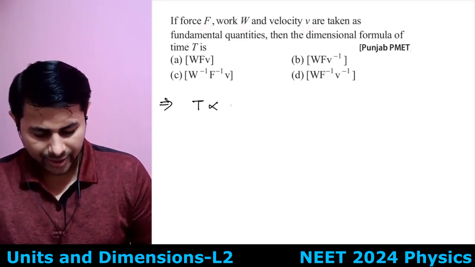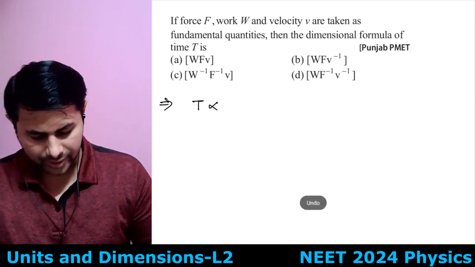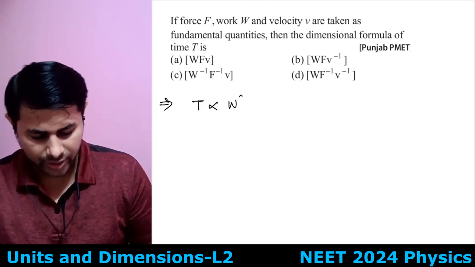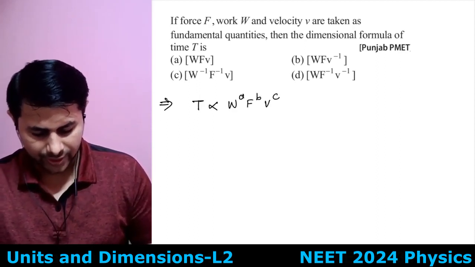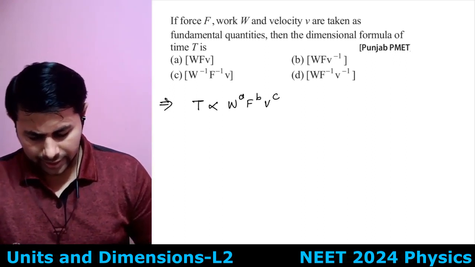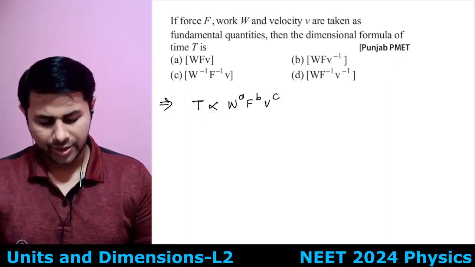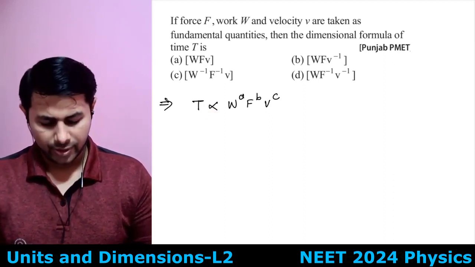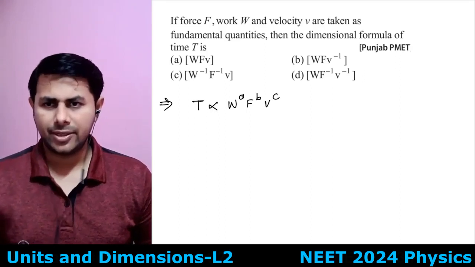So let's say it depends on work to the power A, sorry, let's take, yeah, in all the options work is first. So work to the power A, force to the power B and velocity to the power C. So then I can remove the proportionality sign and put an equality sign. Till this it must be clear, right?